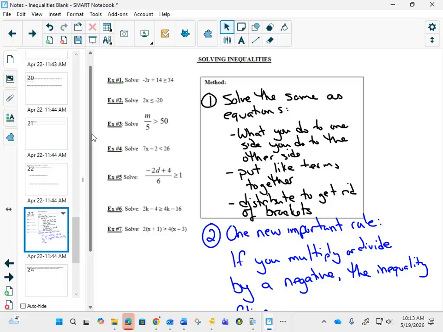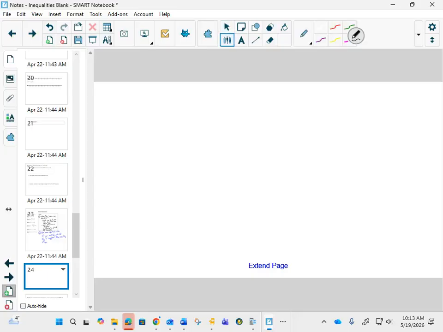The first one is negative 2r plus 14 is greater than or equal to 34. Our goal is to get the r by itself on one side of the inequality.